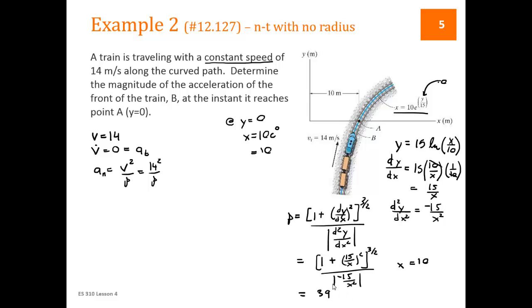So the radius is 39 meters. Now we can plug things in over here. We get AN is equal to 14 squared over 39, which is equal to 5.02. We're asked for the magnitude of acceleration. Well, AT is 0, so the magnitude of the acceleration is 5.02, and the units would be meters per second squared.